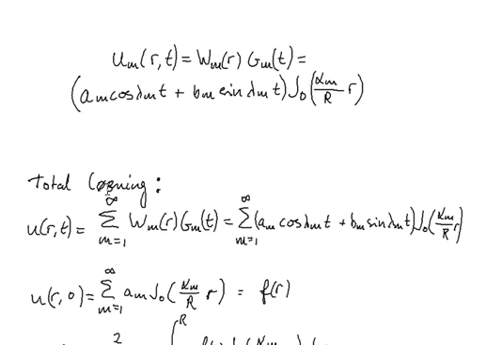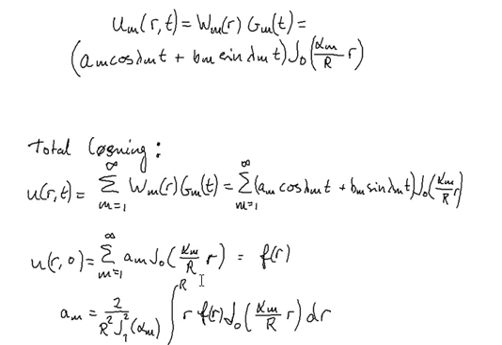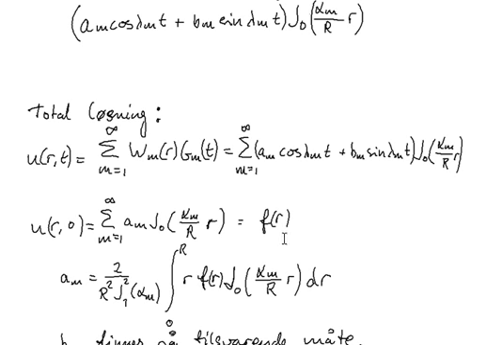So the total solution is exactly as for other types of solutions we have considered, of this form. It's an infinite series where we sum all such terms and choose am and bm in such a way that it satisfies our initial conditions.